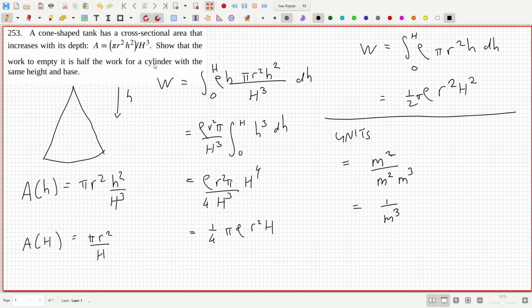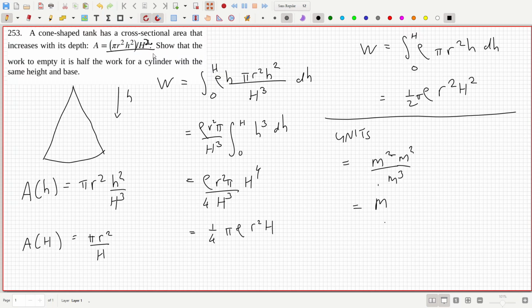Oh, sorry, and I forgot this h. So that's another meter squared. So meter squared, meter squared, meter cubed. So that would be meters. But if that was a square, then we'd get meter squared. So the units are definitely wrong here.